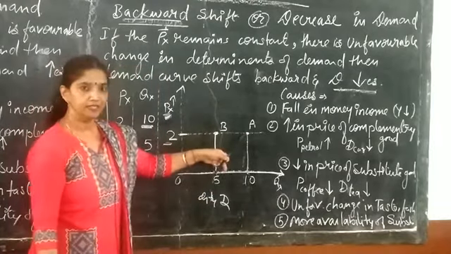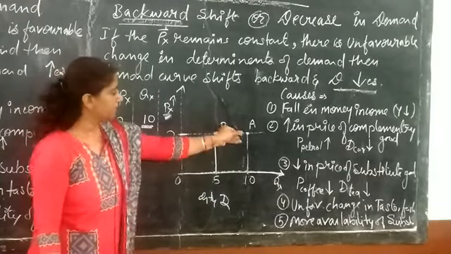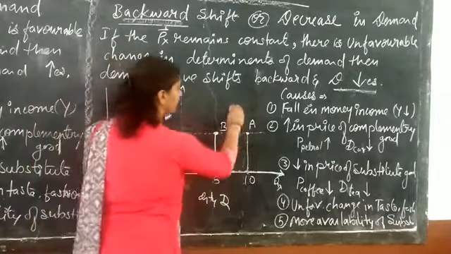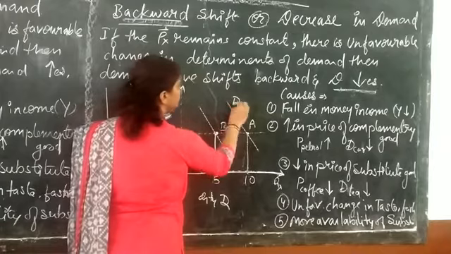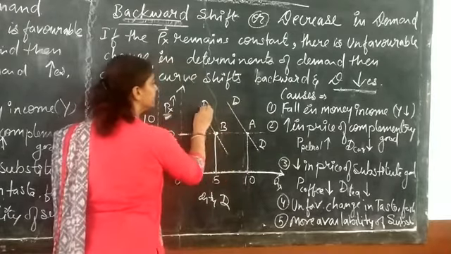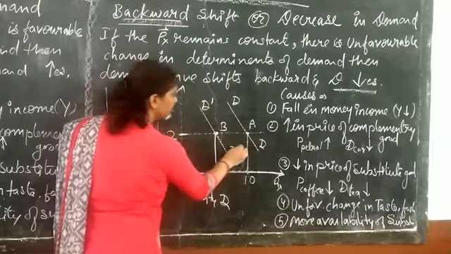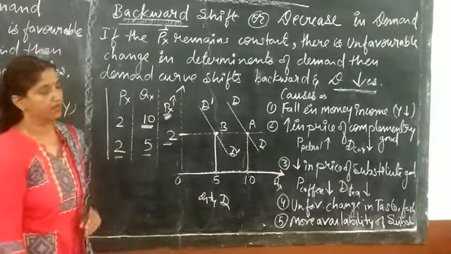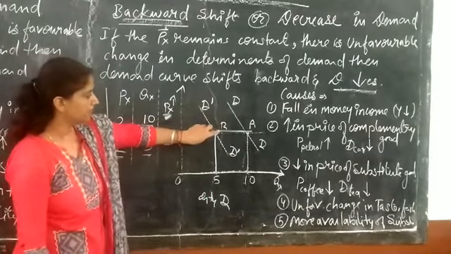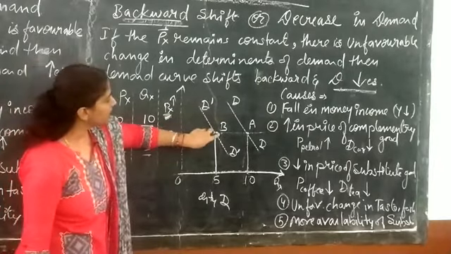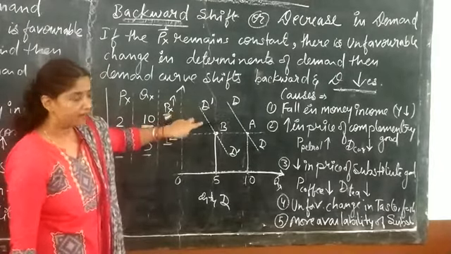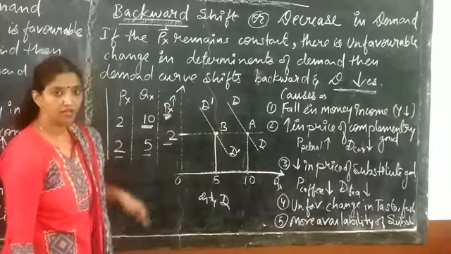All these points A and B will be on different demand curves. This is initial demand curve DD and this is new demand curve D dash D dash. Here we can easily observe that consumer shifts from A to B, and from DD to D dash D dash.